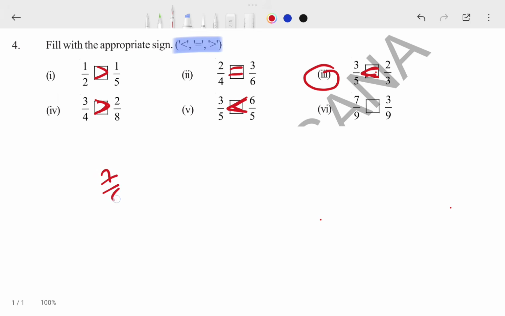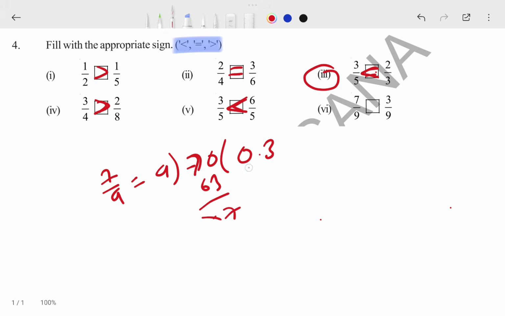This 7 by 9, if you divide this one, 7 table, 0 point something, so it's going to be 70. So if you count the table, 7 9s are 63. So like that, 63 and something, the answer will be 0.7. And if you divide this one, 3 by 9, it is going to be 0 point something.